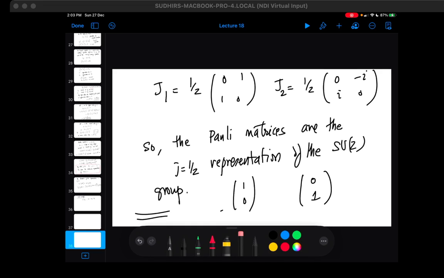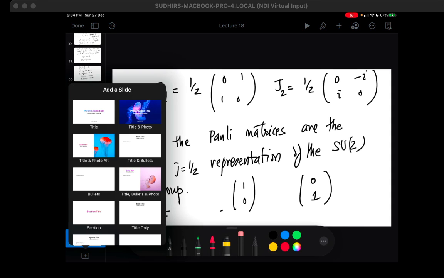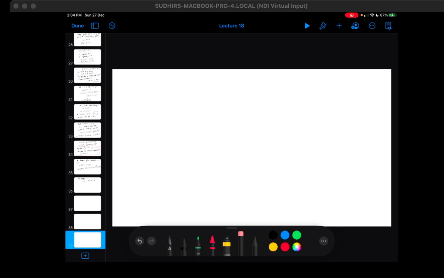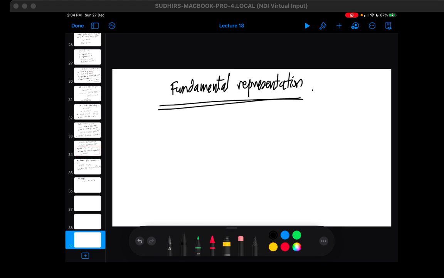Both the generators as well as the vector space are called representations. They are called the j is equal to half representation. In other words, they are also called the fundamental representation. Here the Pauli matrices are two dimensional, no?